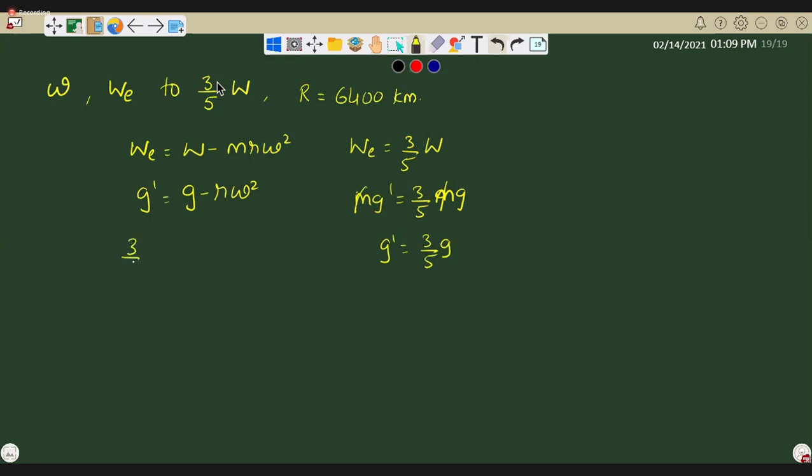Substitute here: 3 by 5 g is equal to g minus R omega square. R omega square is g times 2 by 5, that is 1 minus 3 by 5 is 2 by 5. So omega is equal to under root 2g divided by 5R.